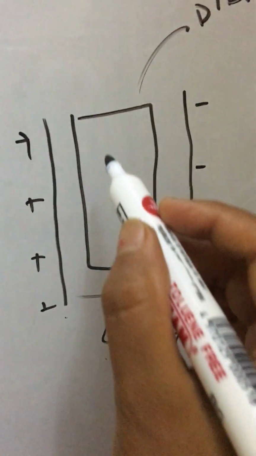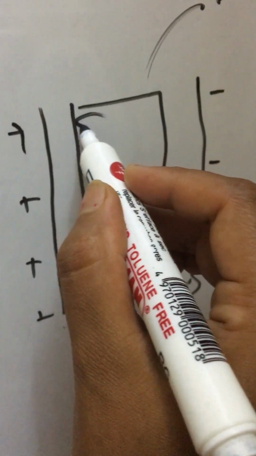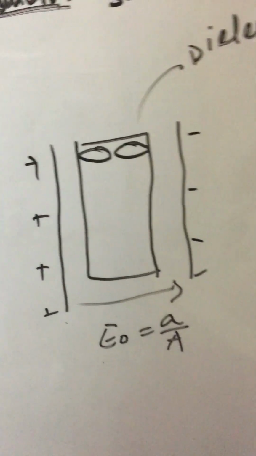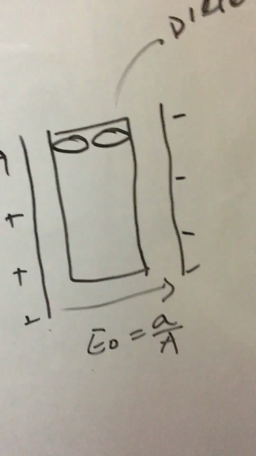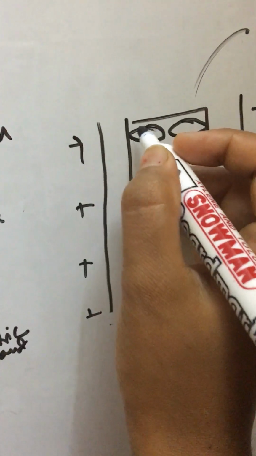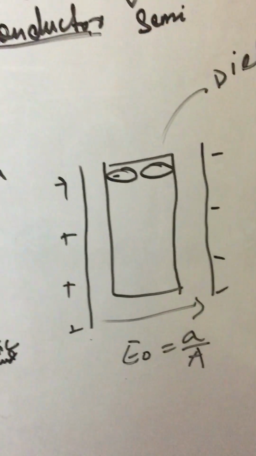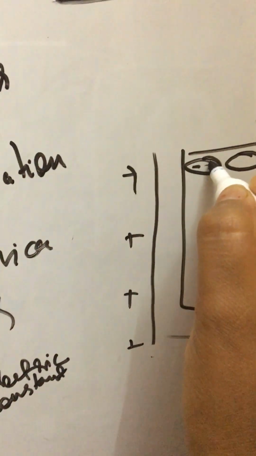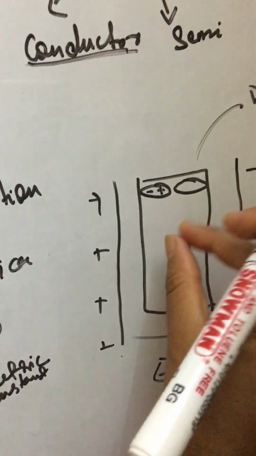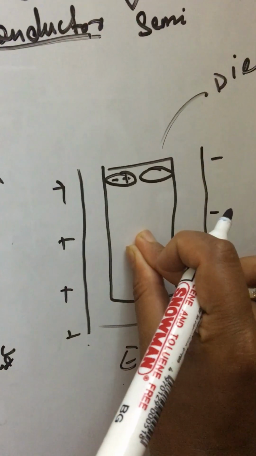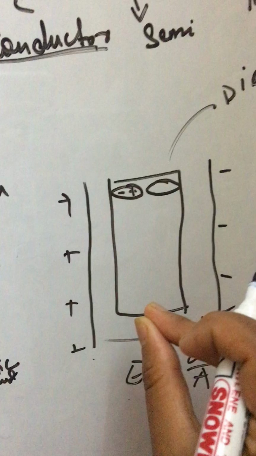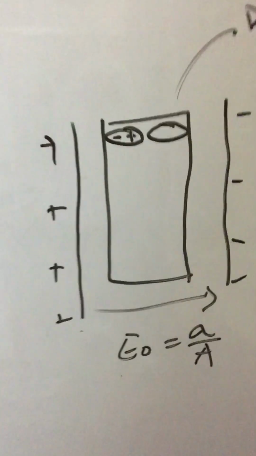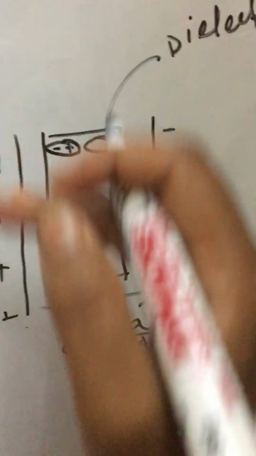Within the dielectric, the atoms or molecules undergo polarization. It means the electrons will get a little bit polarized. I say a little bit because a dielectric resembles the insulator, so it will not become strongly polar. If it got strongly polarized, the bonds would break, the electrons would become free, and then it would behave as a conductor.